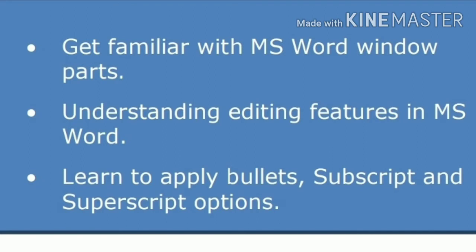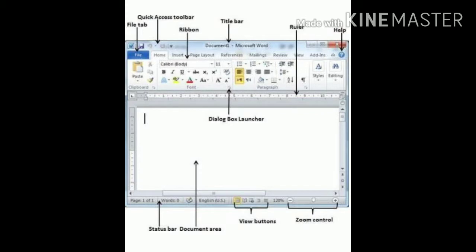Okay, then we have to start about Microsoft Word. Last year you already studied about this Microsoft Word, isn't it? Listen, the software used for word processing or documentation is known as word processor. With the help of a word processor, we can type, edit, format and modify documents like letters, essays, notices, isn't it?